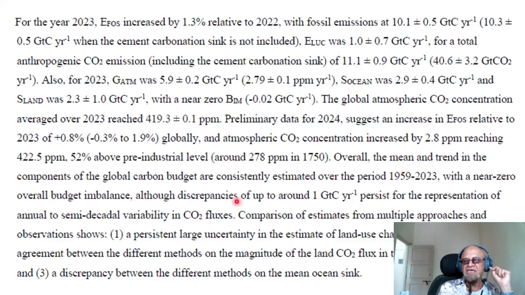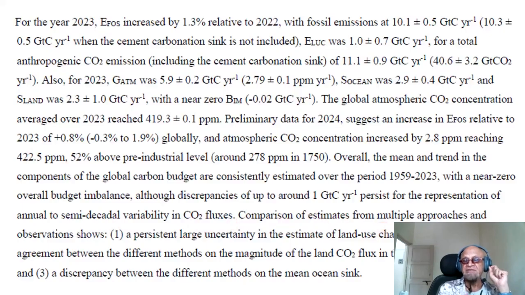Overall, the mean and trend in the components of the global carbon budget are consistently estimated over the period of 1959 to 2023, with a near zero overall budget imbalance, although discrepancies of up to around 1 gigaton carbon per year persist for the representation of the annual to semi-decadal variability in CO2 fluxes.